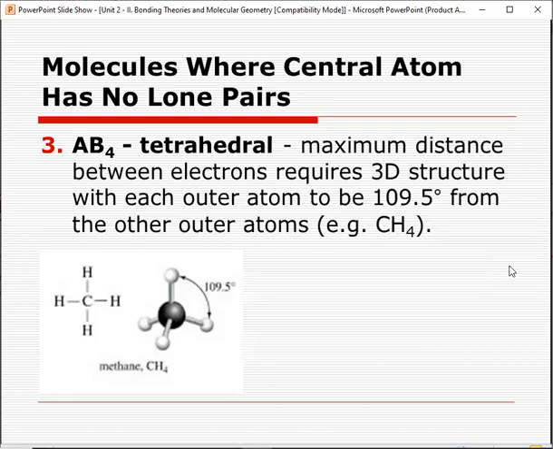And another is AB4. So it has four outer atoms, and the geometry is called tetrahedral. Maximum distance between electrons requires a 3D structure, with each outer atom 109.5 degrees from the other outer atoms.